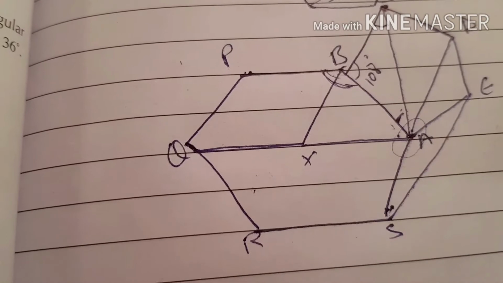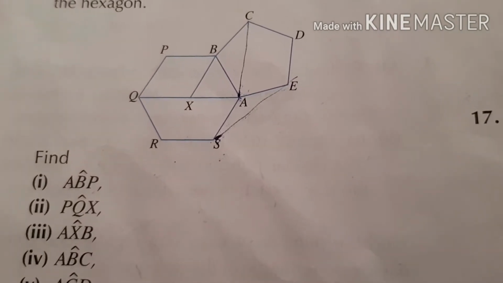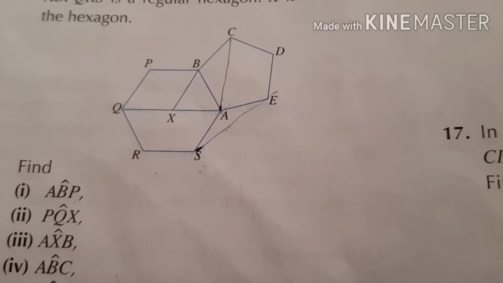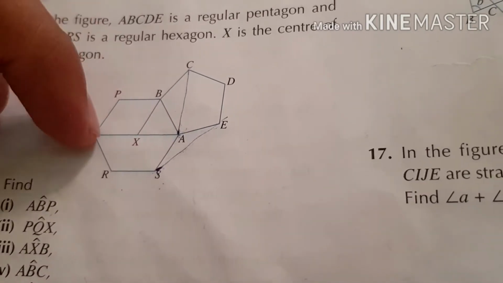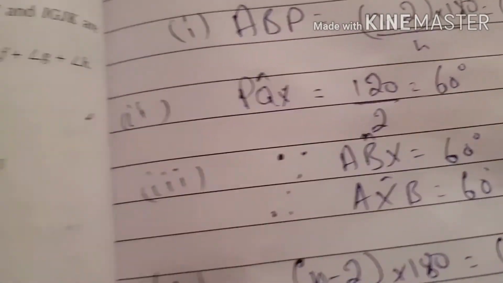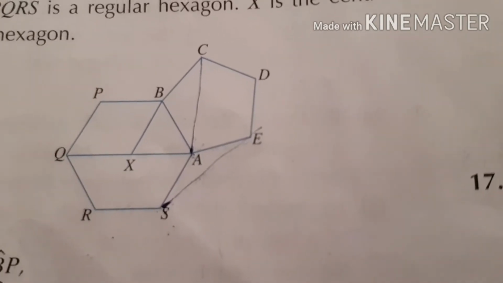Then moving on to the next part, which says PQX. That means they are talking about P, Q, and X, this part. For that, it is pretty much obvious that this angle Q is equally divided into two parts.